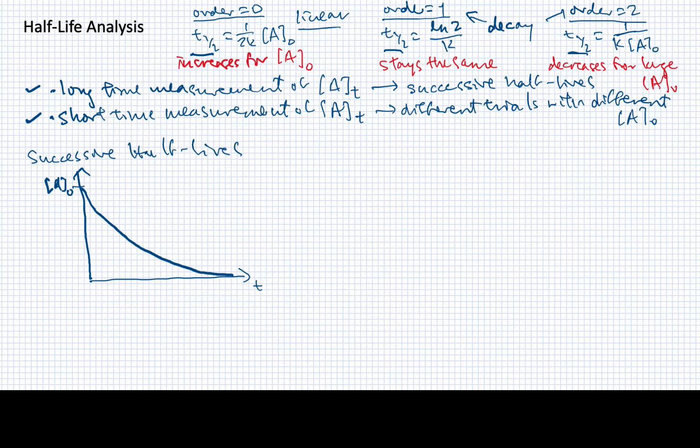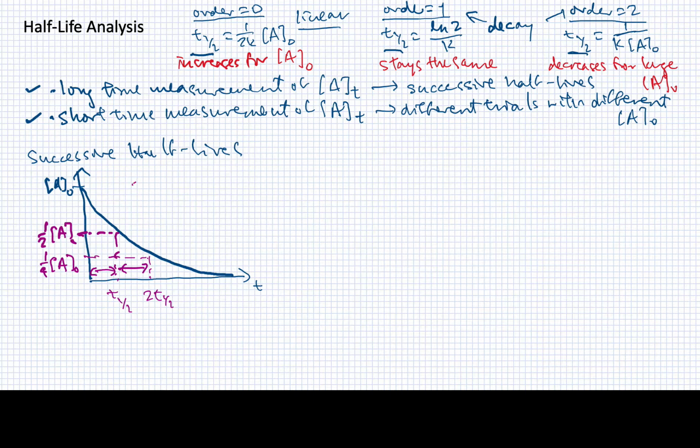But the key point is that when we get down to this 1/2 point, we'll be able to read off the half-life for the initial thing. When we go down to the 1/4 point, this is the second half-life, which will simply occur at twice the initial half-life. In other words, this time gap and this time gap are the same for a first order reaction.